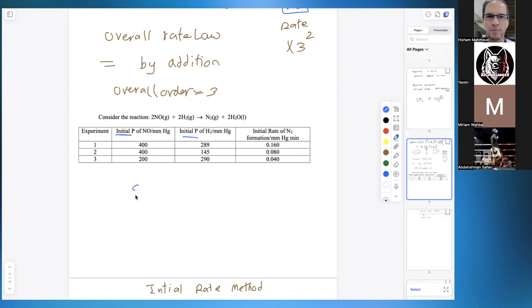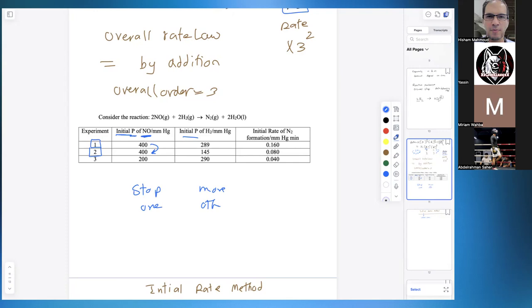So I will just stop one and move the other. What does it mean? Look here in the NO: between experiment 1 and 2, does the concentration of NO change?